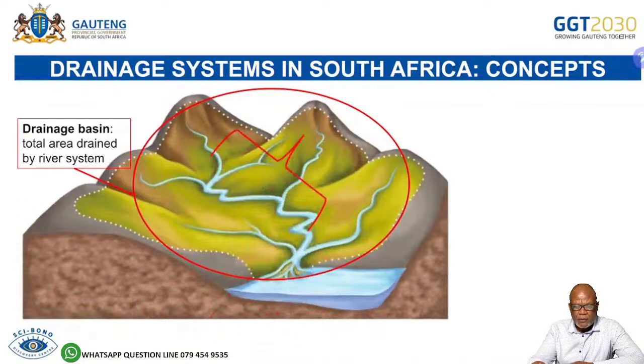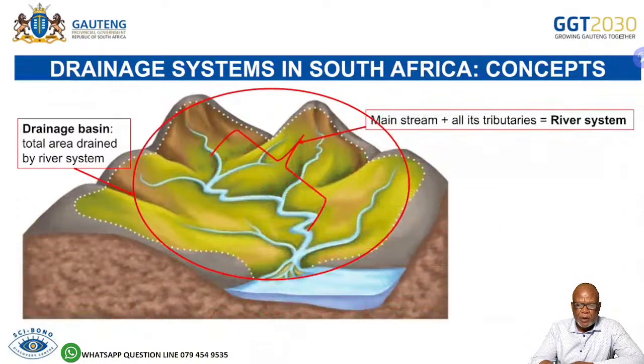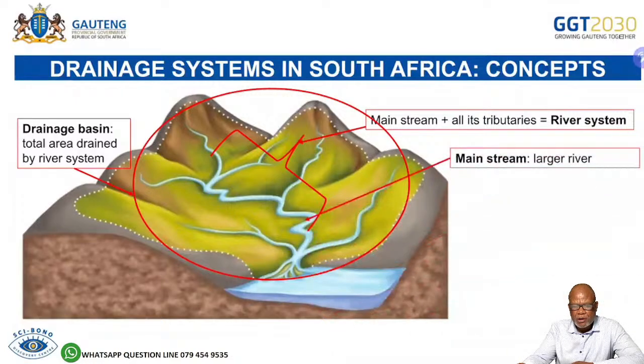Let's look at more of our concepts here. When you're looking at this, you're looking at the mainstream and all its tributaries. So you are looking at what is a river system. It is this mainstream, the bigger river, and all the smaller rivers that are flowing into this bigger river is called a river system. The mainstream plus all its tributaries. Now, what do you see? This one is a mainstream. It's a bigger river.